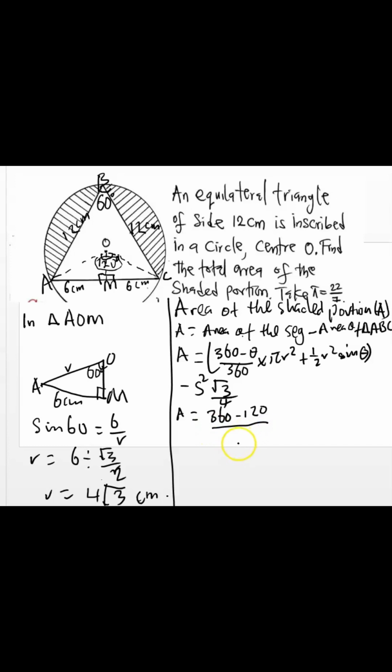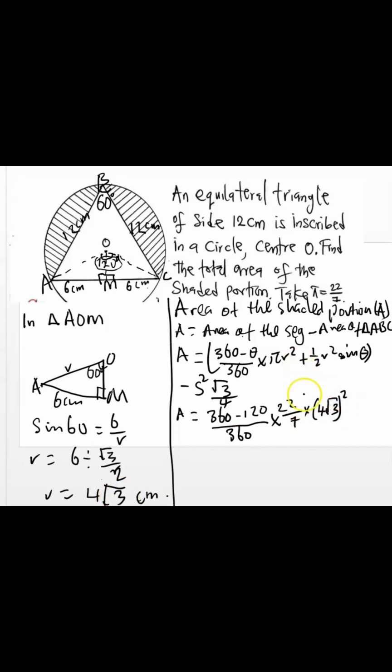All this divided by 360 multiplied by pi. Pi is given in the equation as 22 over 7 r squared, and in this case our r is 4 root 3, like we got here, but it is squared. So square this.